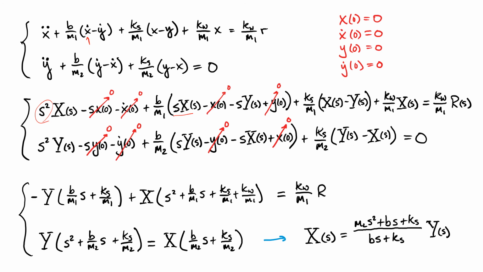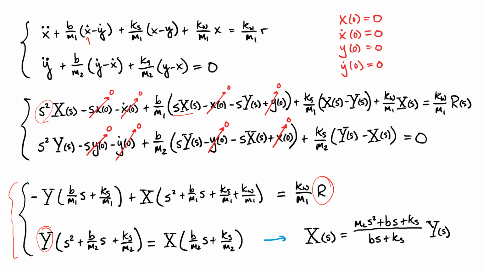And so that's going to ultimately get us down to a coupled pair of equations that have both x's and y's in them. So now we have two equations and two unknowns, and we can get rid of x because what we're really interested in is the relationship between the output, which is y, and the input, which is r.